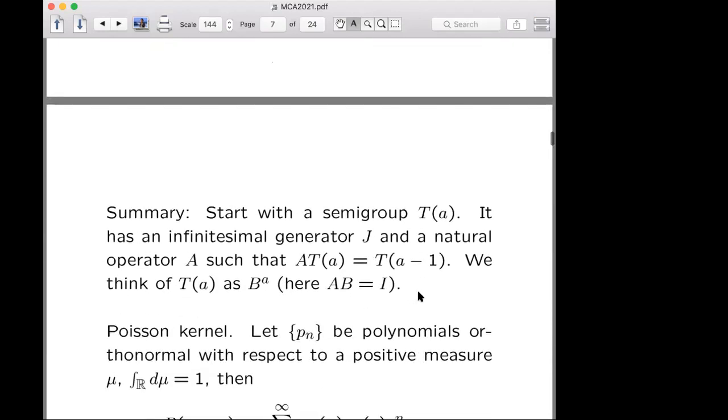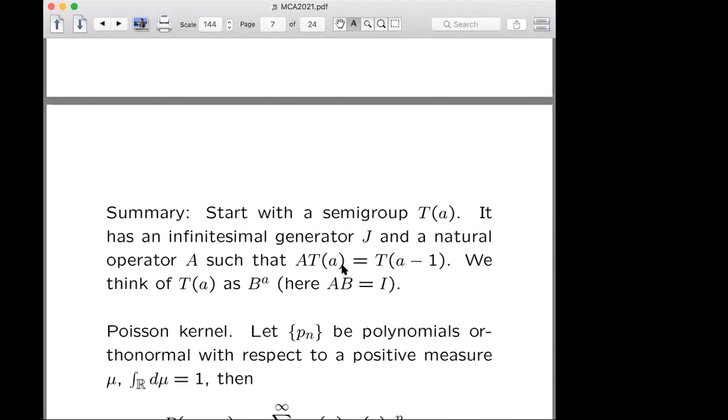Okay, so let's go back to the starting point. We start with a semigroup of operators, and it has an infinitesimal generator. And then there is some natural operator where I act on the semigroup, I reduce the parameter by 1. That's like if I differentiate a fractional integral of order A, I get a fractional integral of order A minus 1. That's exactly what you want.